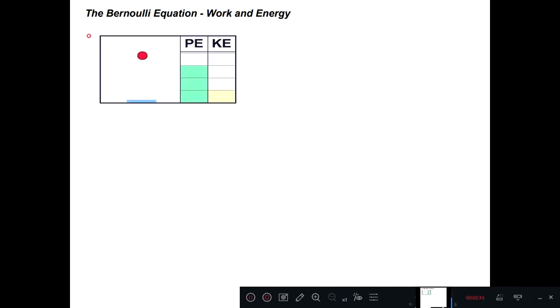h. Suppose we take this distance h. After falling a distance h, the speed is calculated by the formula v square equal to u square plus 2as.